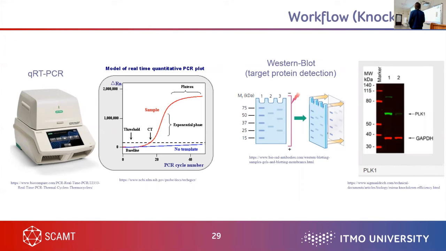If the gene isn't knocked down, the CT value will be obtained on the left side of the graph, which means the gene is working and it didn't knock down. If the knockdown was successful, the CT value will be on the very right part of the graph.